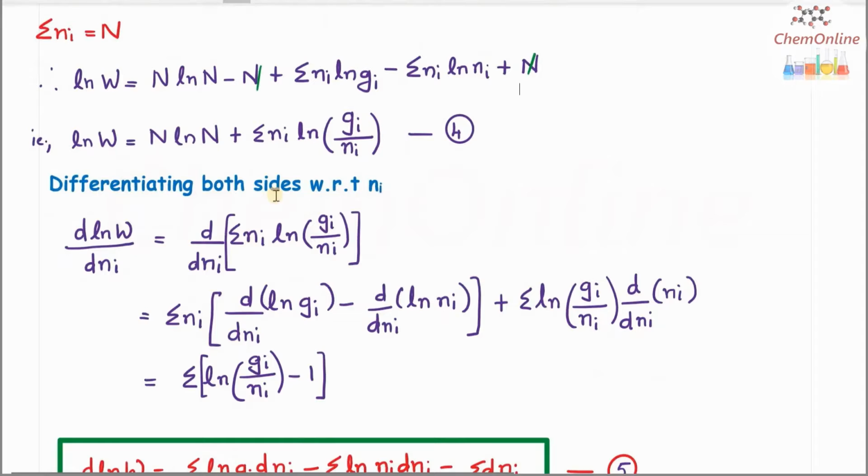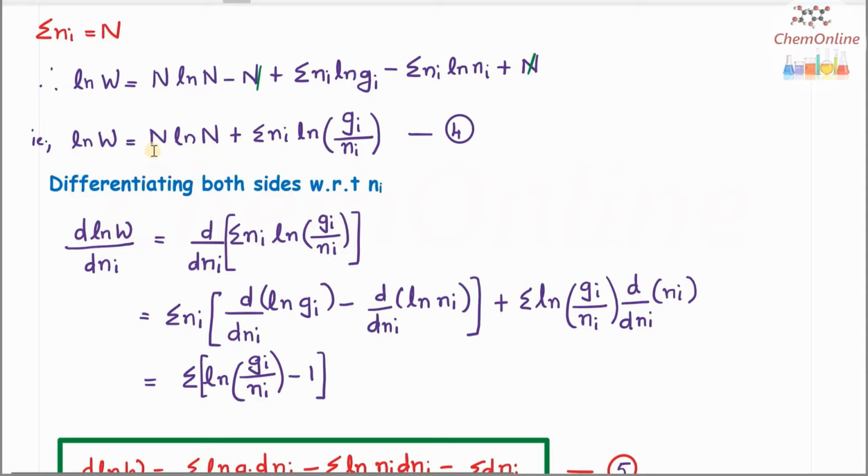Now you have to differentiate both sides with respect to ni. That is d log W by dni equals d by dni of summation ni log Gi by ni. See the first term, it is n log n. Capital N is the total number of particles, which is a constant.